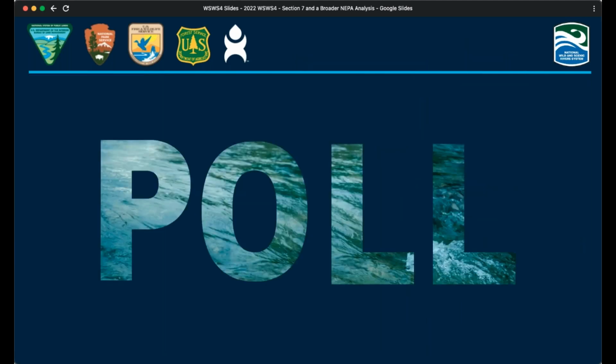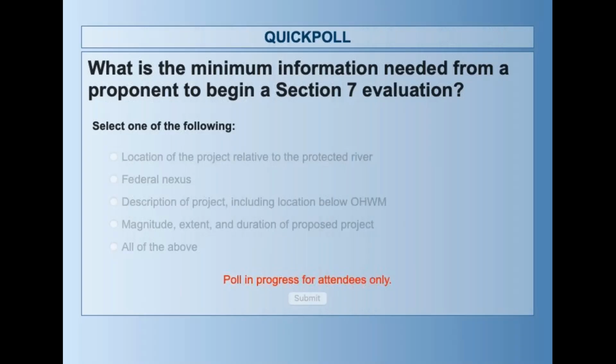And with that, we will do a poll to test your knowledge. So the question before you is, what is the minimum information needed from a proponent to begin a Section 7 evaluation?